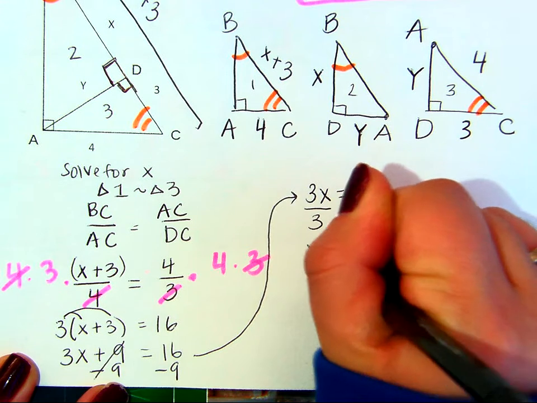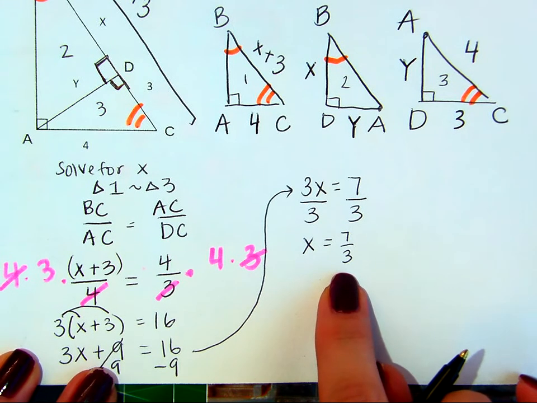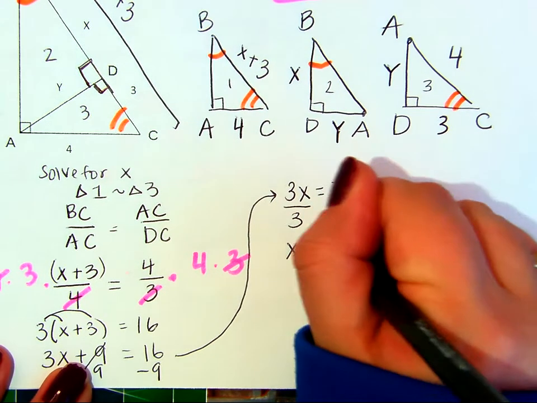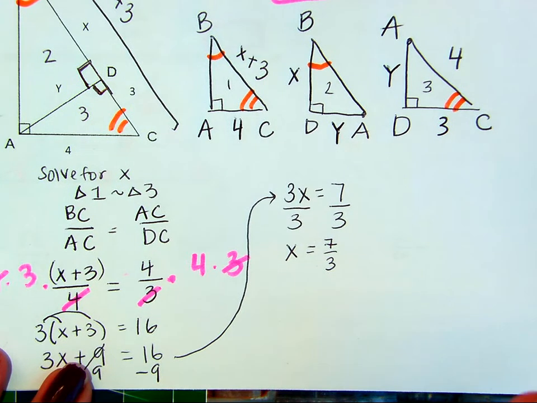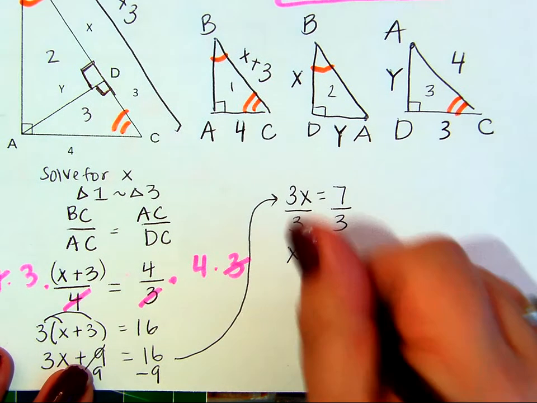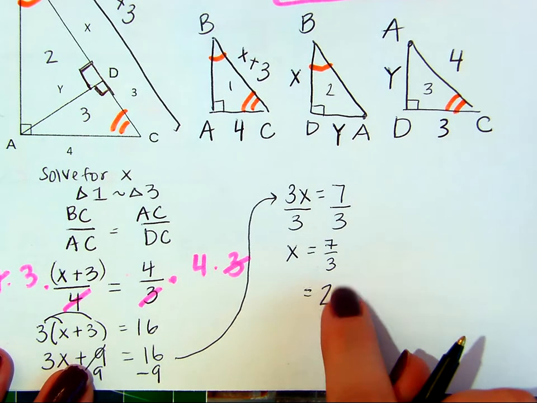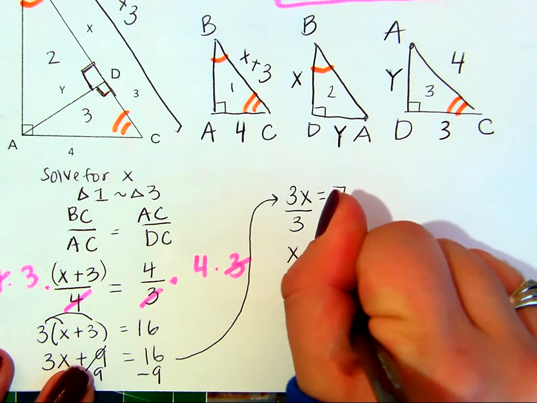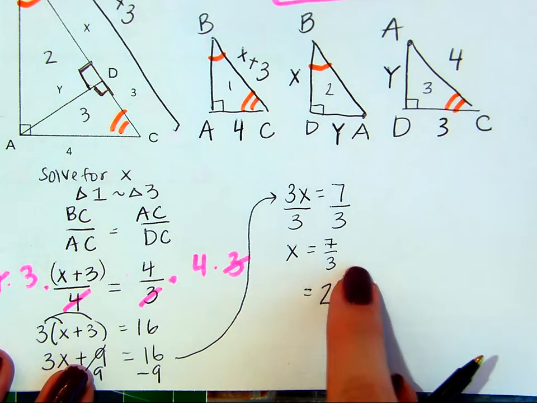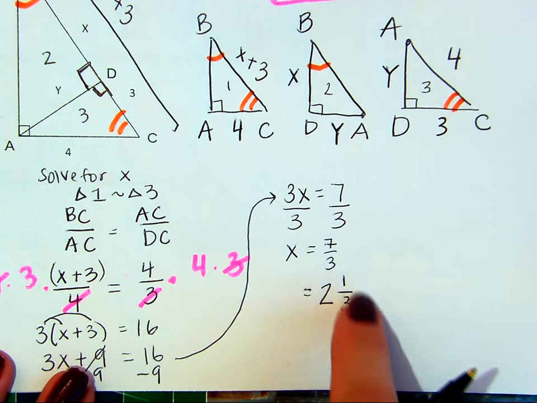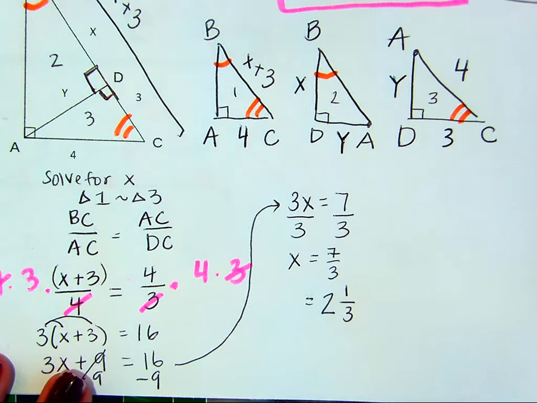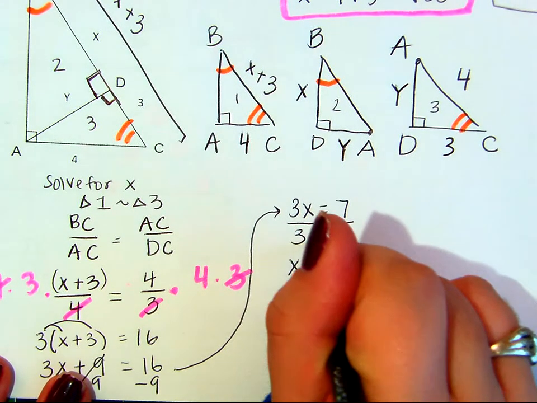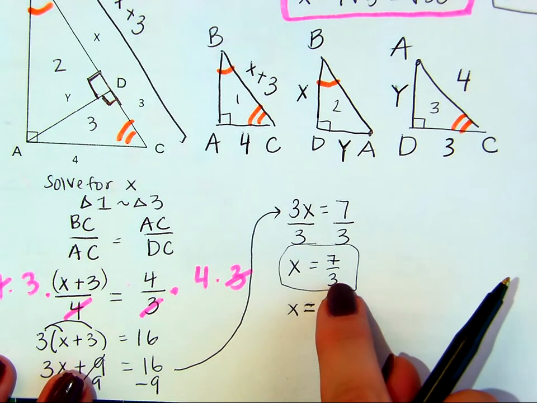This is an improper fraction, so I'm going to change it to a mixed number so I have an idea of what this number is. 3 goes into 7 two times. 3 times 2 is 6, so to get to 7 I need one more. So I end up with 2 and 1/3, which is 2.333 repeating. This is the value of x. I'm going to use the fraction when we plug it back in over here.